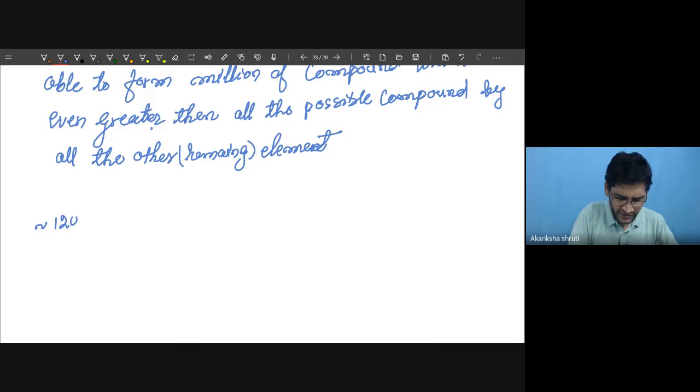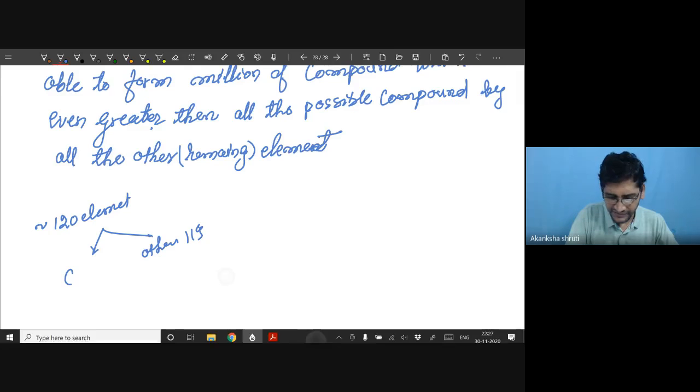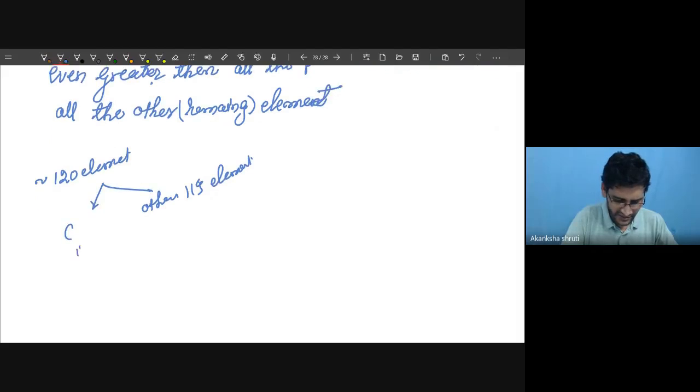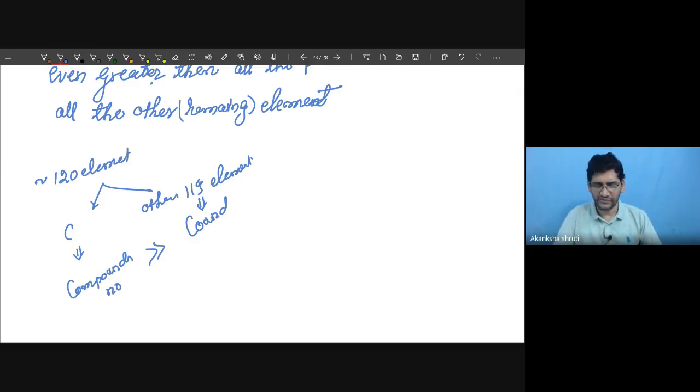Around 120 elements. So if you are taking carbon on one side and the other 119 elements on the other side, then the number of carbon compounds is even much greater than whatever compounds all of these can form.